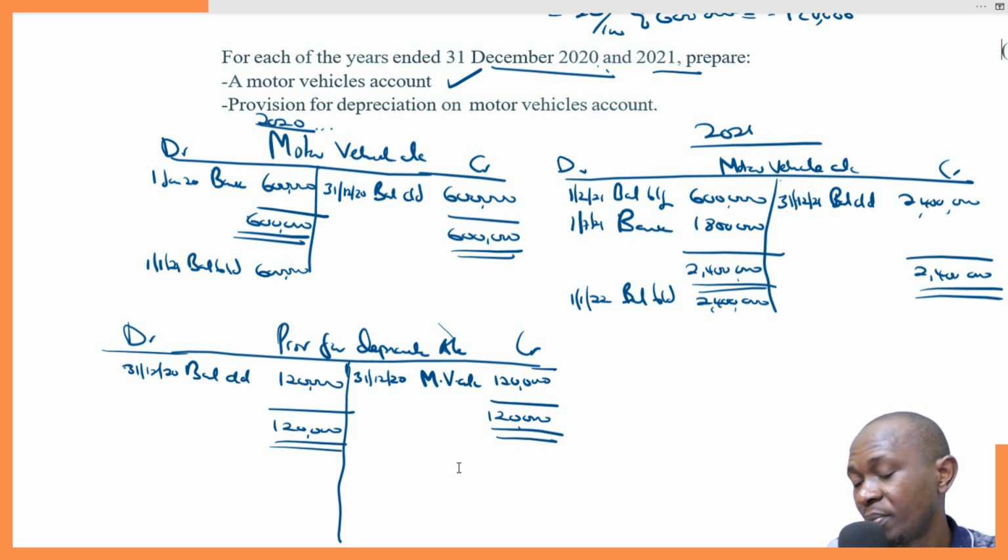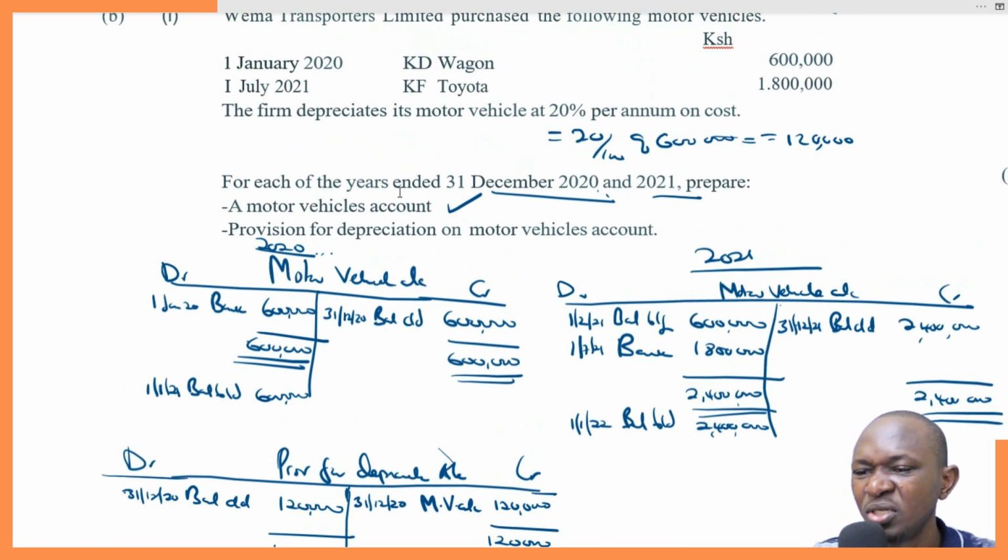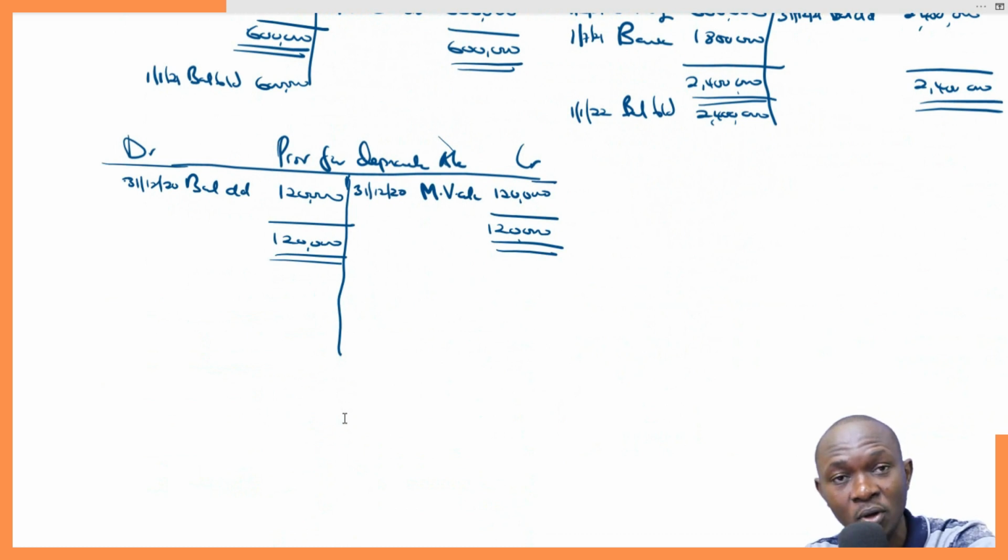Now you see what we've done, in 2021 we prepared different accounts because the question wanted for each of the years ended 31st December 2020 and 2021, prepare this. But you can as well run this going downwards.